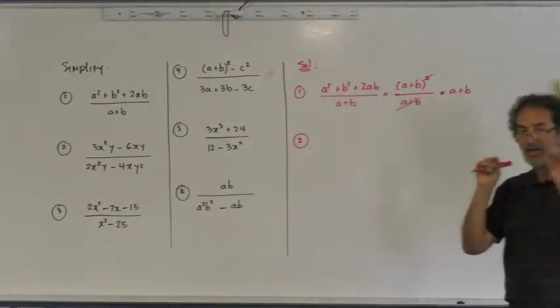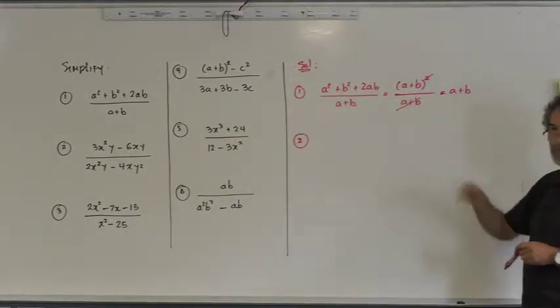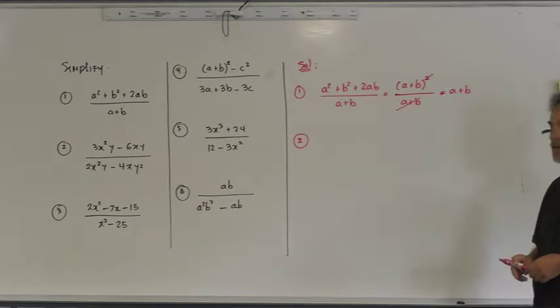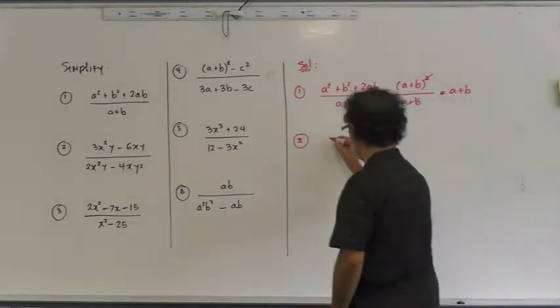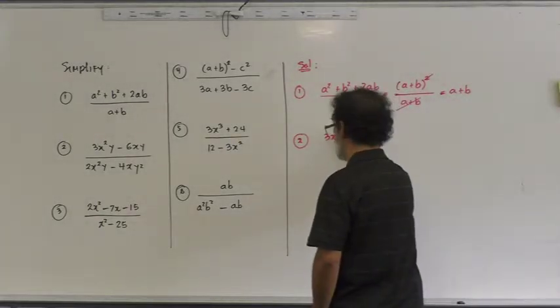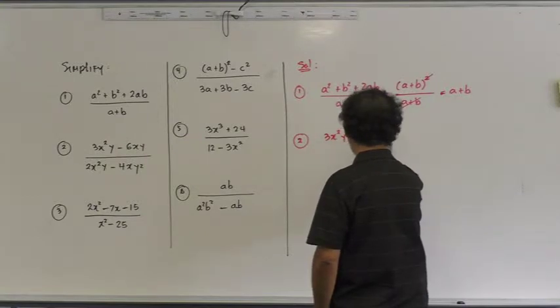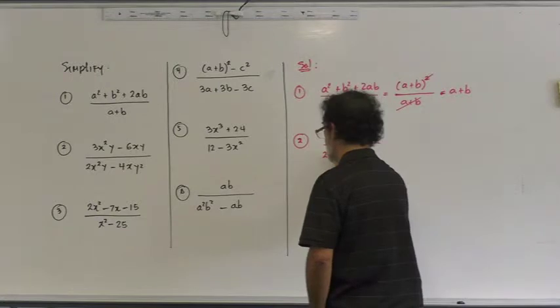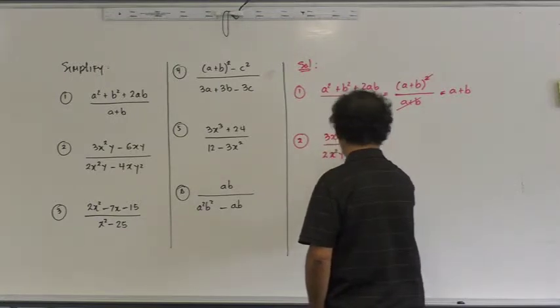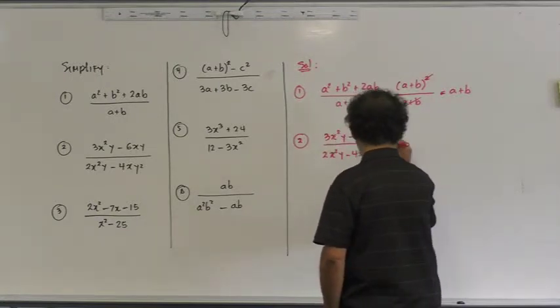So you need to identify what you have in front of you. Sometimes we have simple factorization. For example, in question 2, we have 3x squared y minus 6xy, and then 2x squared y minus 4xy squared.